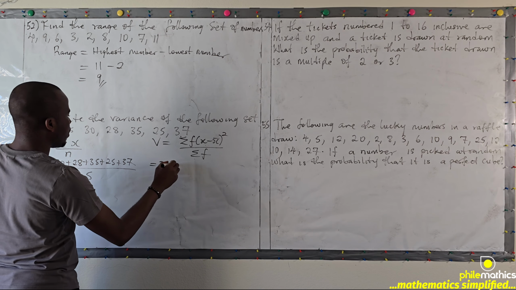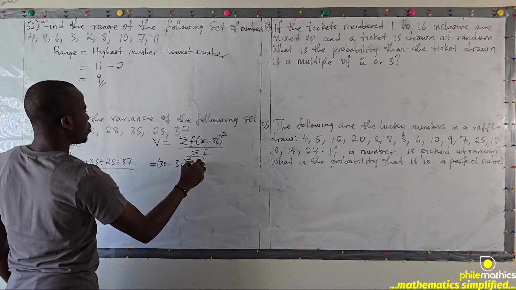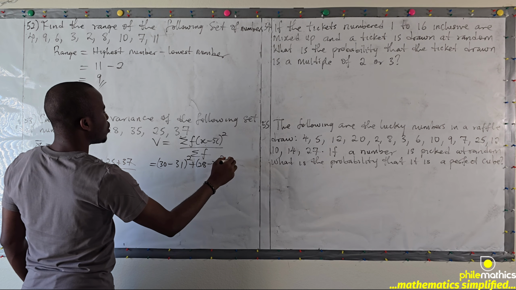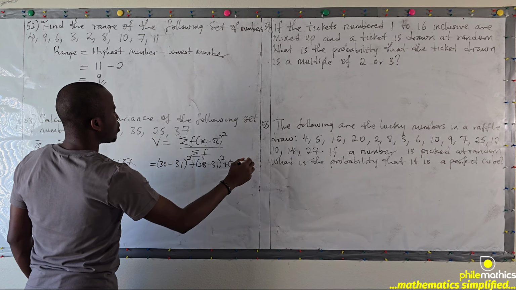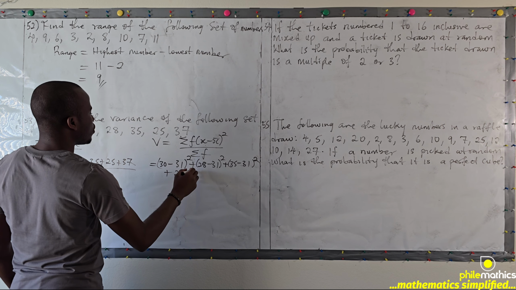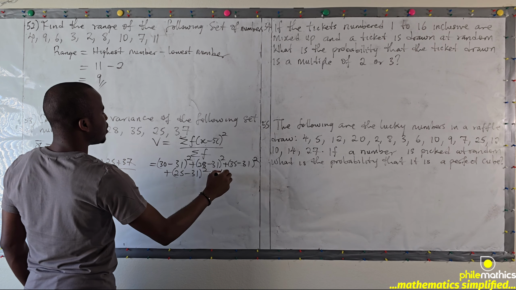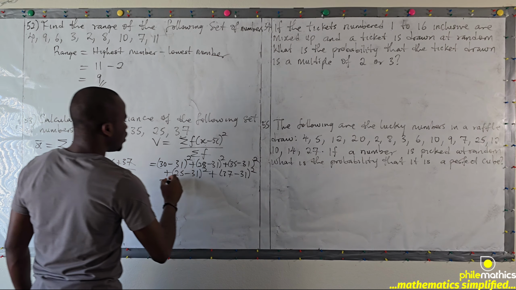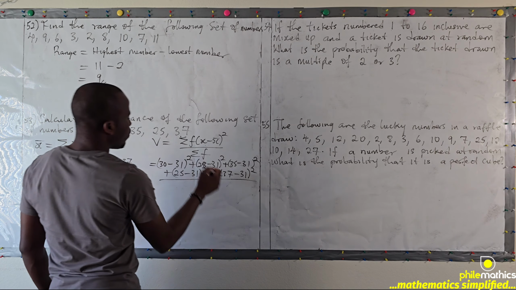So (30 minus 31) squared plus (28 minus 31) squared plus (35 minus 31) squared plus (25 minus 31) squared plus (37 minus 31) squared, everything divided by the number of frequency, which is 1, 2, 3, 4, 5.